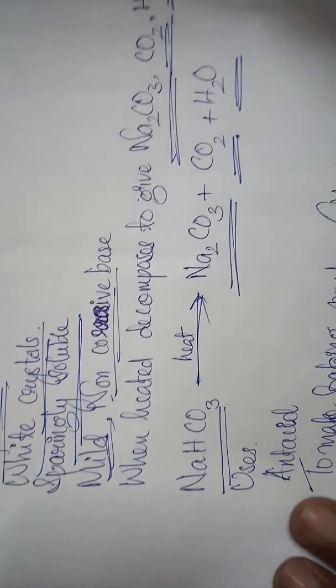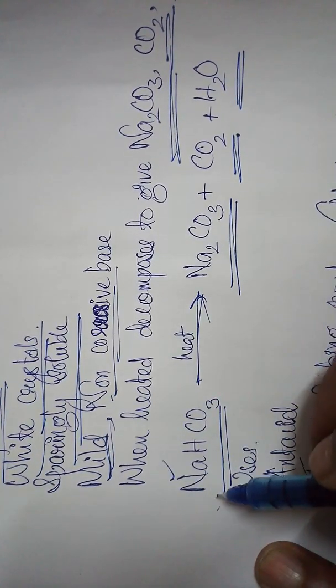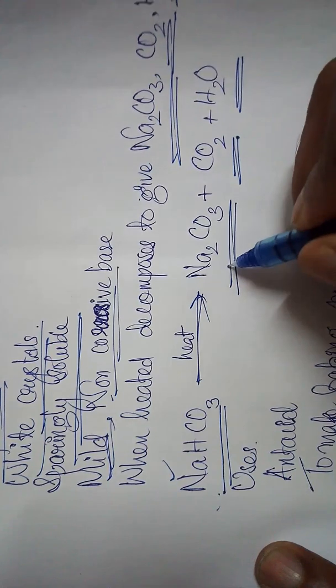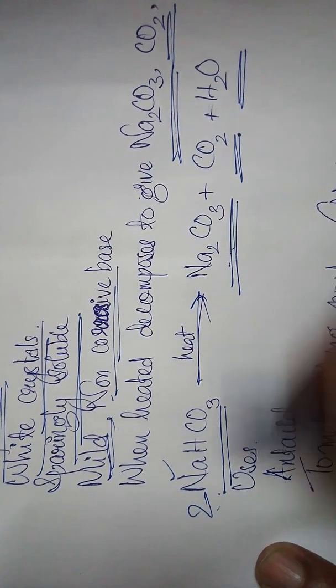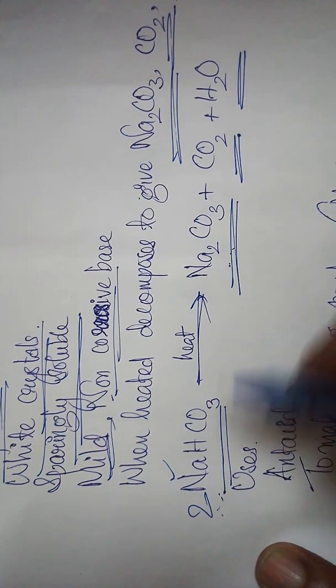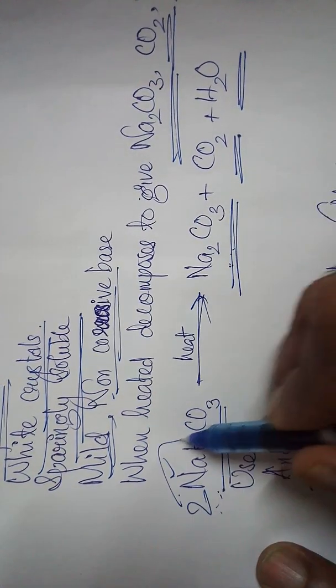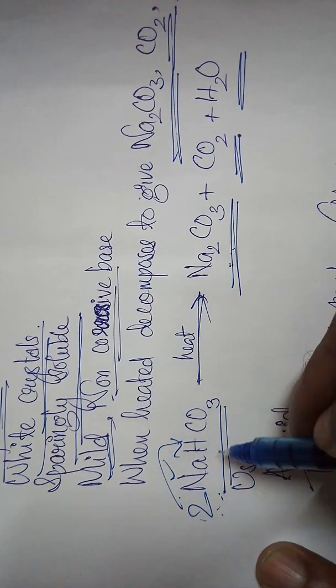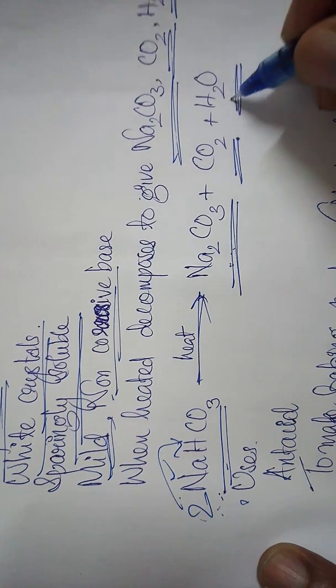Now check for the balancing of this equation. How many Na are here on the reactant side? Only 1, and 2 Na is here, so we have to put a 2 here. So on the reactant side it is 2, and on the product side it is 2. And how many hydrogen? 2 is common for hydrogen also, so 2H is here on the reactant side, and on the product side also it is 2.